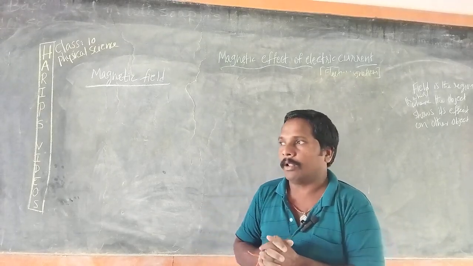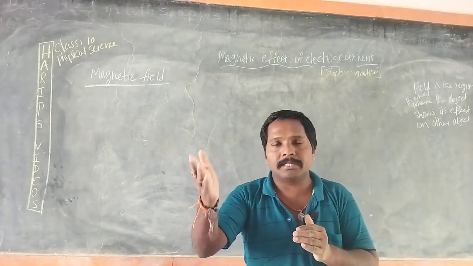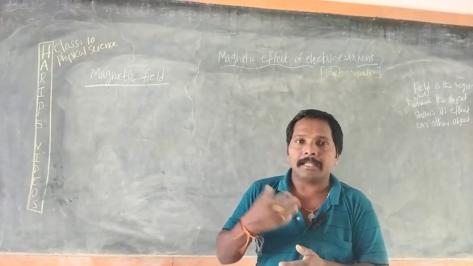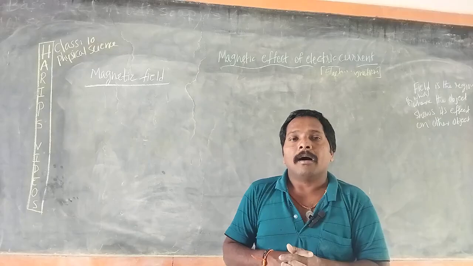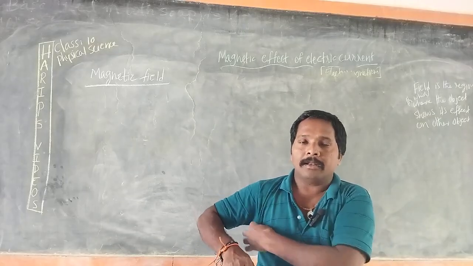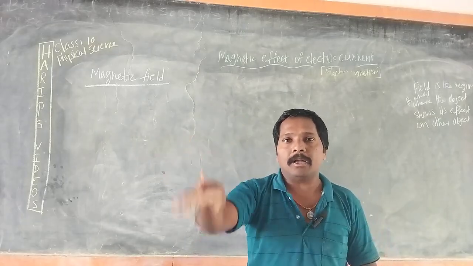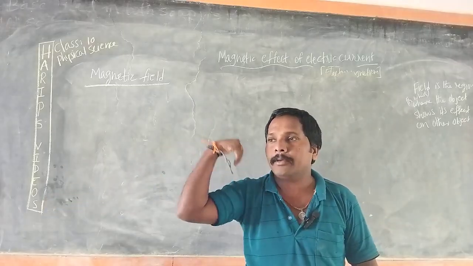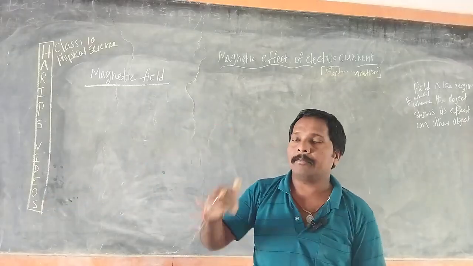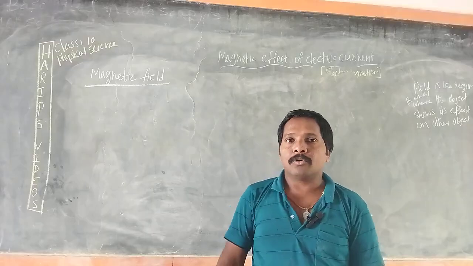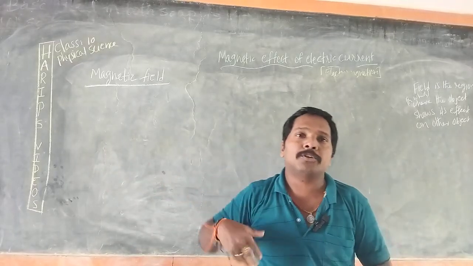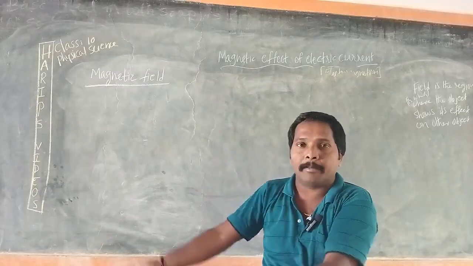For example, a person can hit another person up to arm distance only. Within arm distance, if anyone is there, we are able to hit them. So within the surrounding arm distance we are able to hit the person.